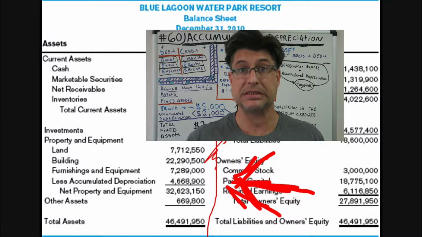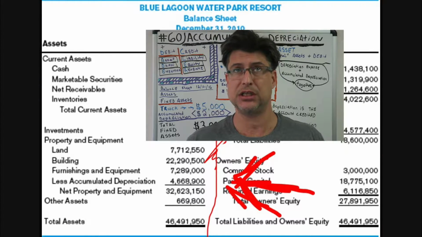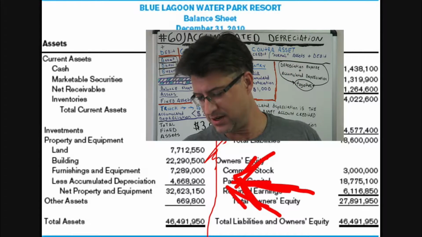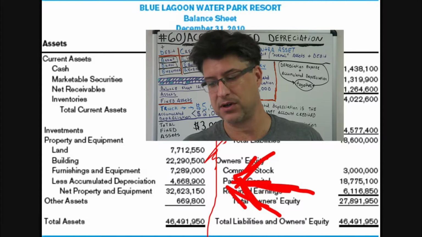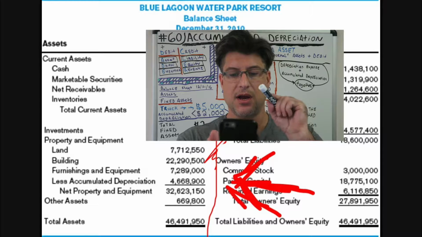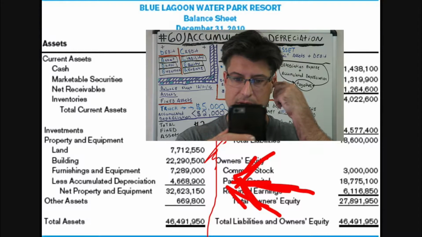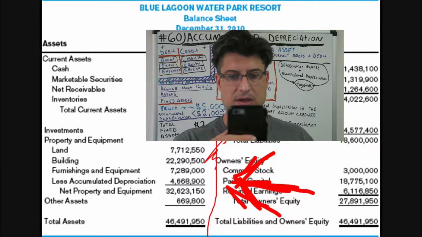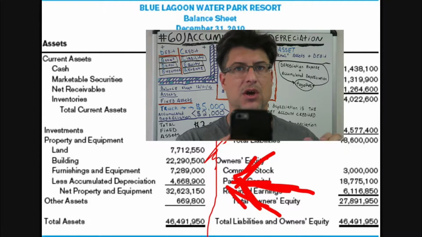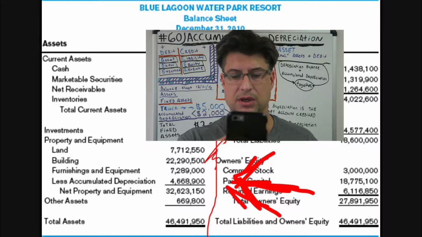I took a picture. I went on the internet and did a Google search. Let's go to my photos. This is one of the first balance sheets I came across when I searched "balance sheet" in Google.